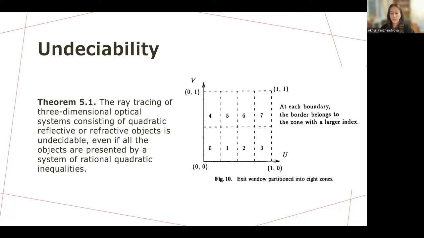If there is more than one exit window which must be routed to the entrance window, each exit window must be partitioned into several zones. So we have here 8 zones, and these zones must be interleaved and routed to the entrance window of the Q value.